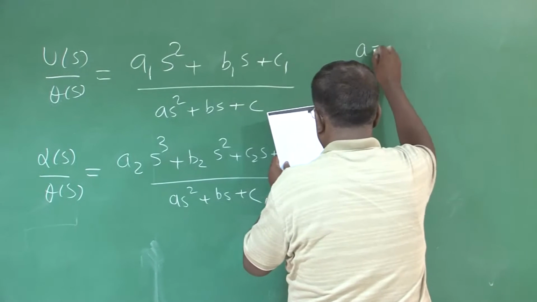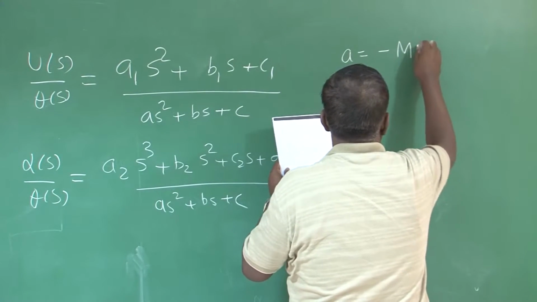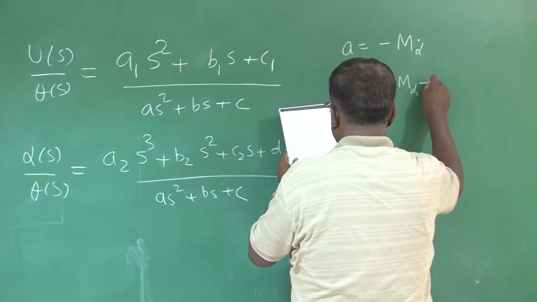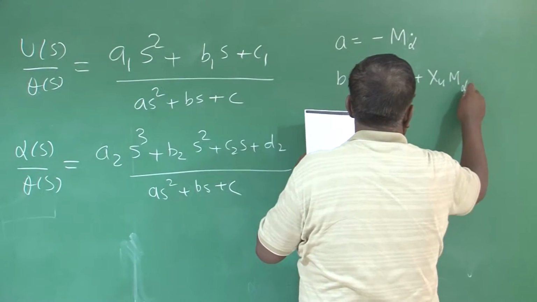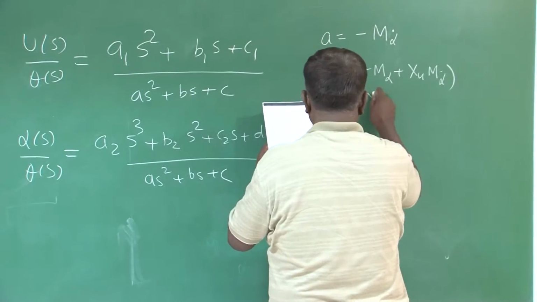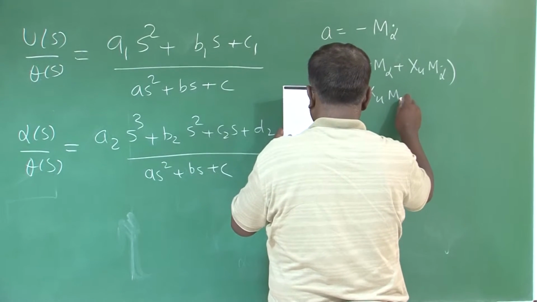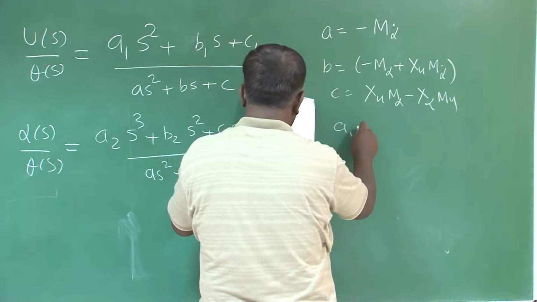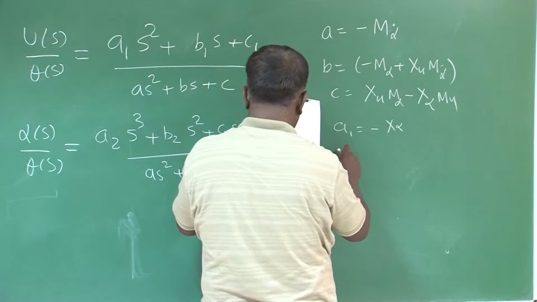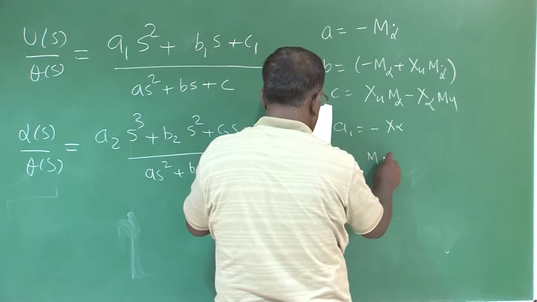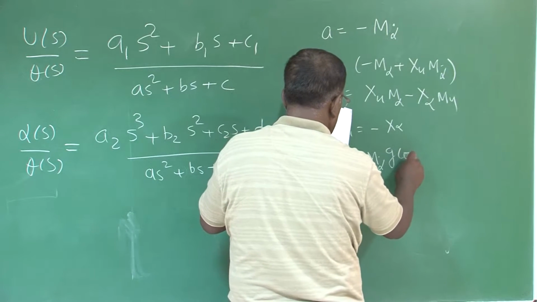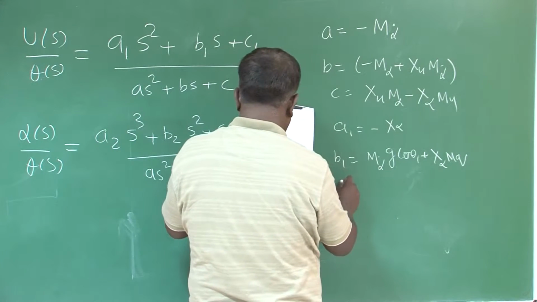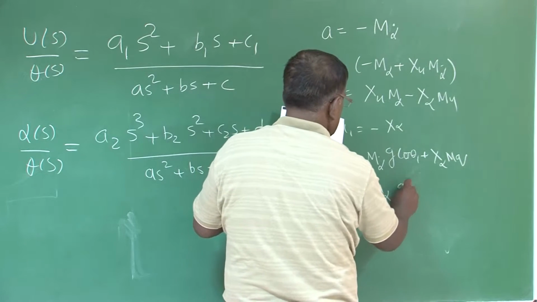A will be given as minus m alpha dot, B will be minus m alpha plus xu m alpha dot, C will be xu m alpha minus x alpha mu, and A1 will be minus x alpha. B1 equal to m alpha dot g cos theta 1 plus x alpha mq, then C1 equal to m alpha g cos theta 1.